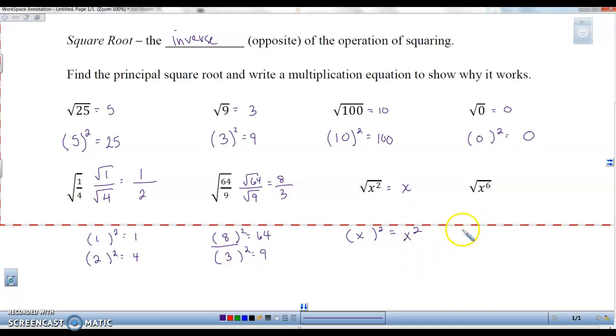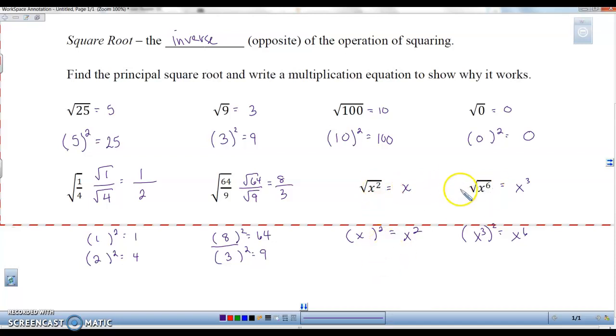Okay, so what about the square root of x to the 6th? What number squared will give you x to the 6th? Well, remember, what do you do with exponents when you multiply? You add them. So what number multiplied by itself will give you x to the 6th? Well, that would have to be x to the 3rd. Now, what do we notice about the exponents here and here?